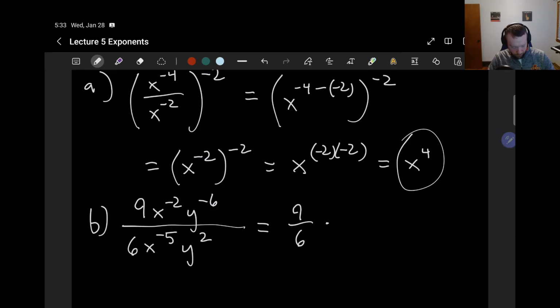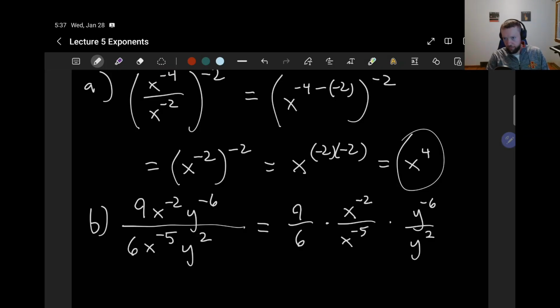Constant fraction times a fraction involving the x's only times a fraction involving the y's only. So I've split these up into 3 separate fractions, which I'm allowed to do just to sort everything.